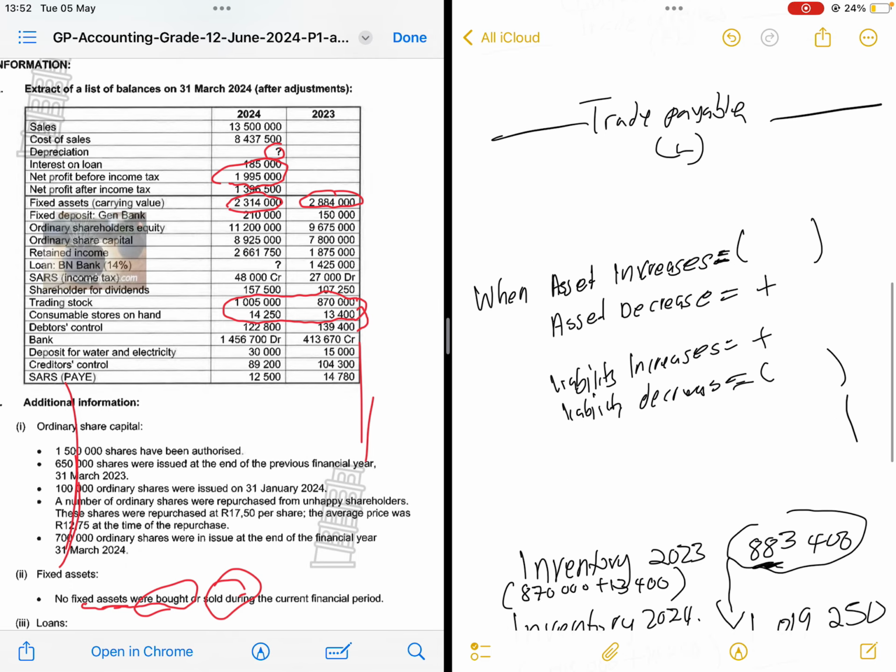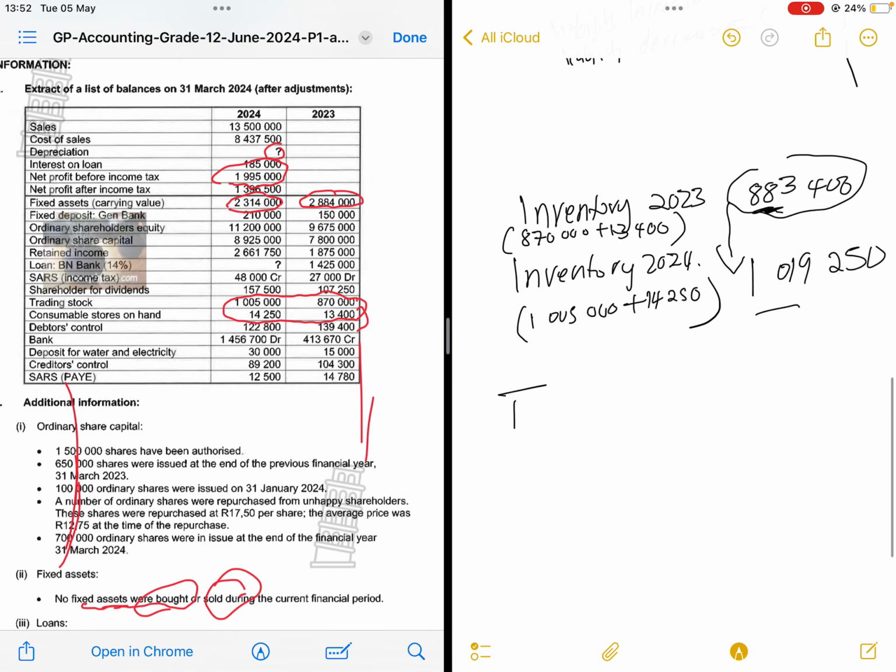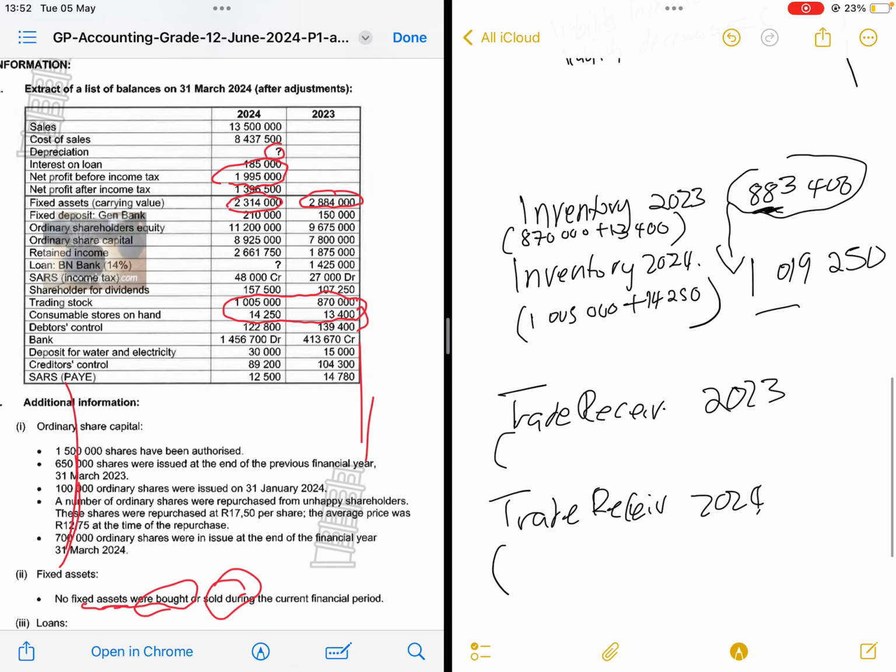So do the same thing. Trade receivable 2023, trade receivable 2024. I'm going to take the debtors control and the deposit for water and electricity.